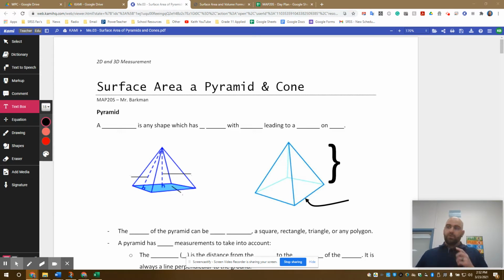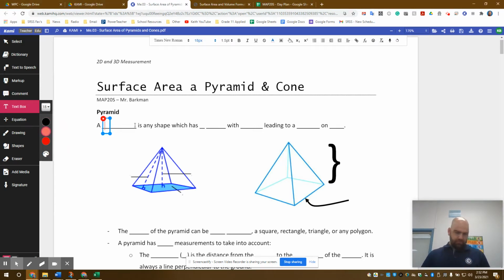But if we want to go a little bit more in detail, we can think of a pyramid as any shape which has one base with sides. Again, these are normally triangular sides, leading to a point on top.